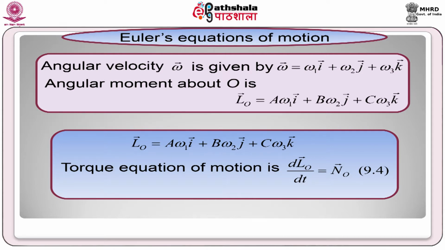And the angular momentum about O can be written as L_O vector equal to capital A into omega 1 i vector plus capital B into omega 2 into j vector plus capital C into omega 3 into k vector, where capital A, B, C are the principal moments of inertia.